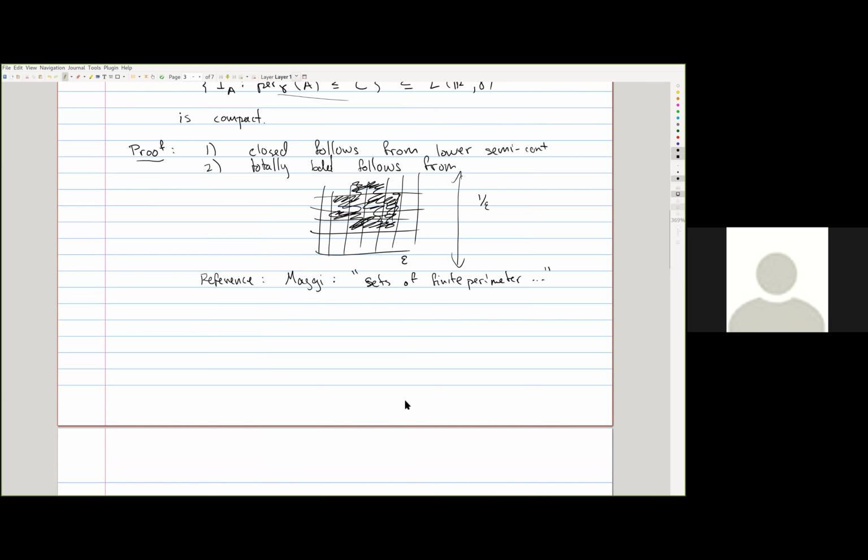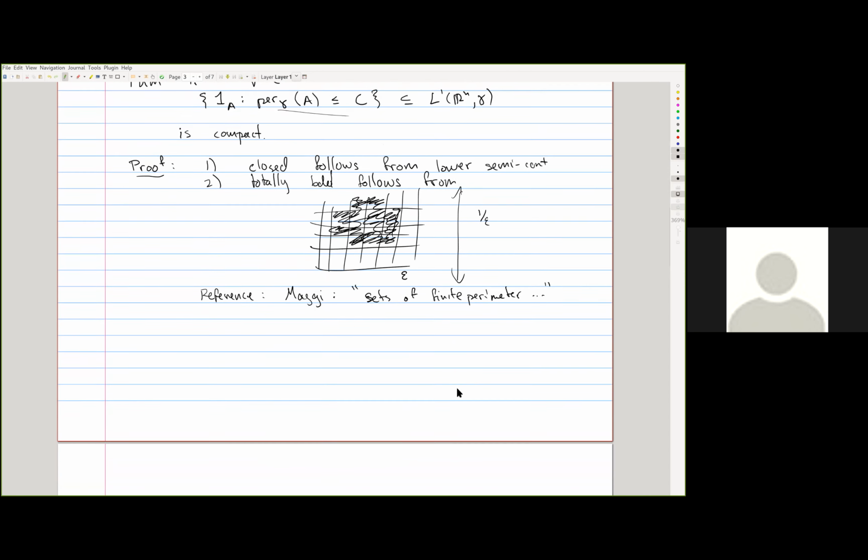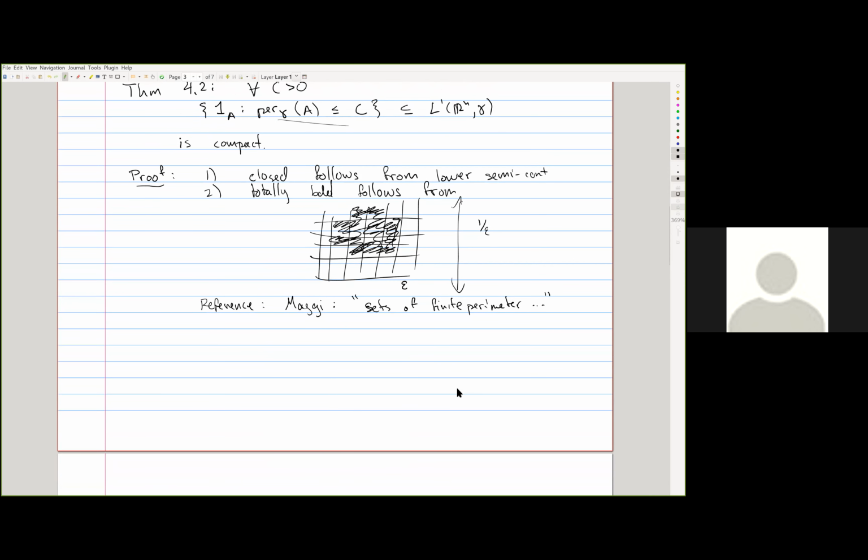Joe? Yes. Just a quick question. I think my intuition is getting confused. Why can't you have something extremely wiggly, but that's very far out? And if you make it wiggly enough, can't you make it have arbitrarily large perimeter in Gaussian space?